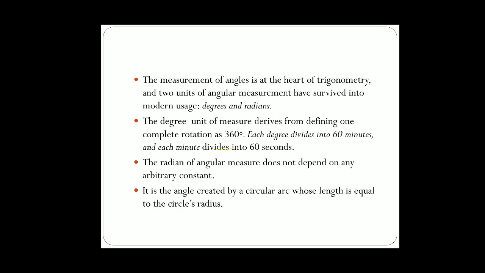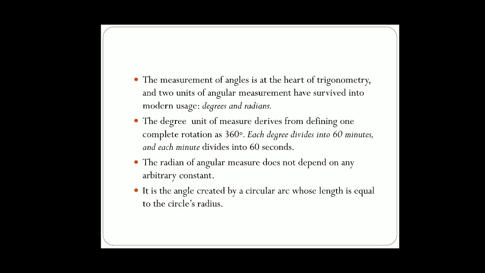Next, the measurements of angles are given here. The measurement of angles is at the heart of trigonometry, and the two units are degrees and radians. The degree unit derives from defining a complete rotation as 360, as I explained. Each degree divides into 60 minutes, and each minute divides into 60 seconds.